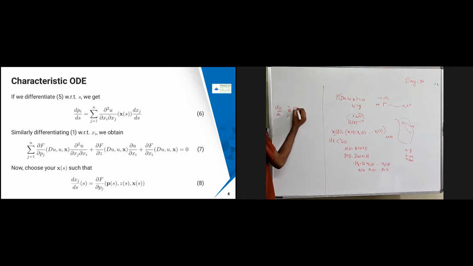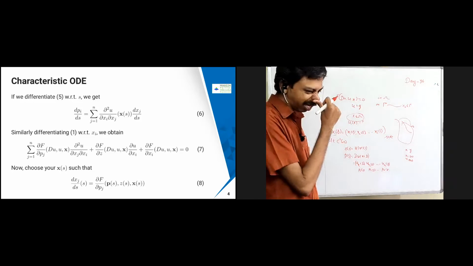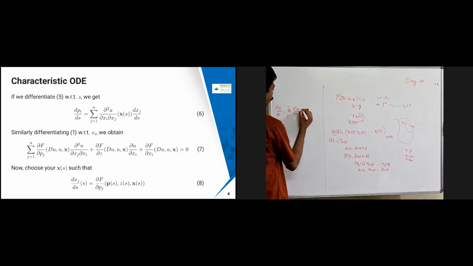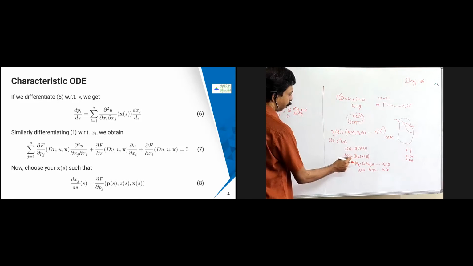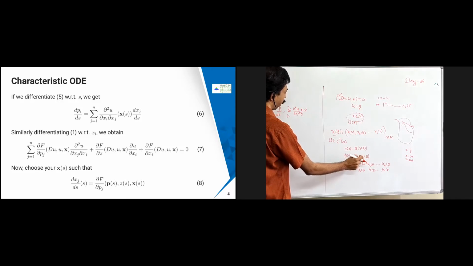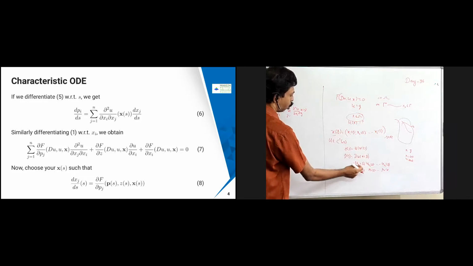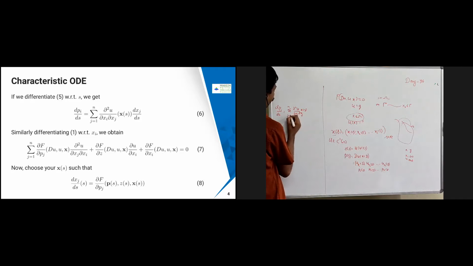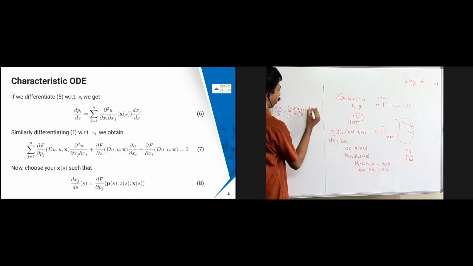So I'm going to get the second partial derivative of u with respect to xi and xj, of x of s, and I'm differentiating p with respect to xi, because u_xi is already there, and then differentiating with respect to this one, because the summation will come, because each one has n components, into dxj of s.